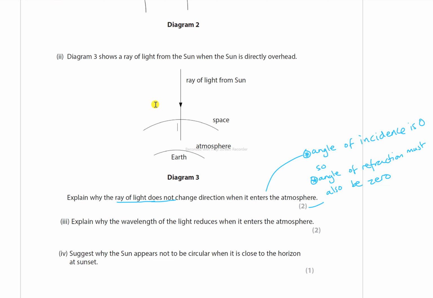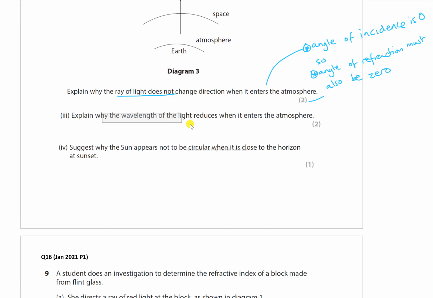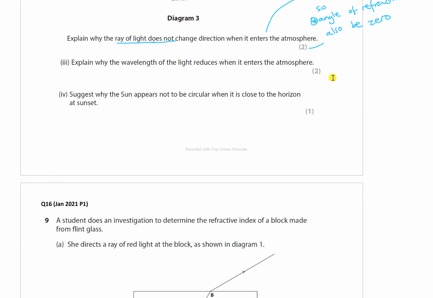Okay, there you go. So now what we need to do is explain why the wavelength of the light reduces when it enters the atmosphere. Let's get this. So the first thing is the formula, speed equals f lambda. f stands for frequency.